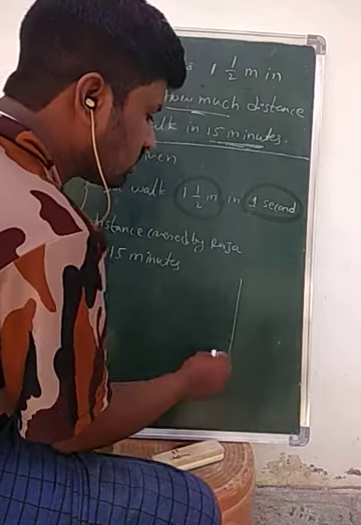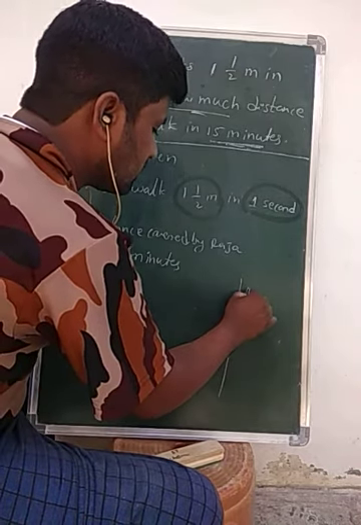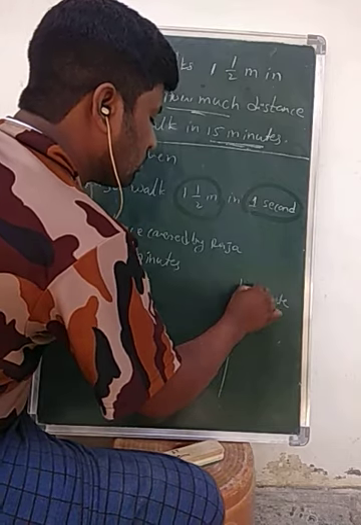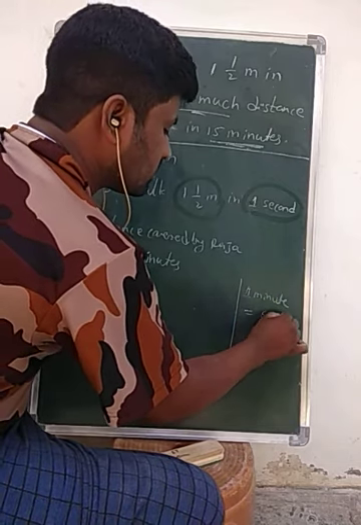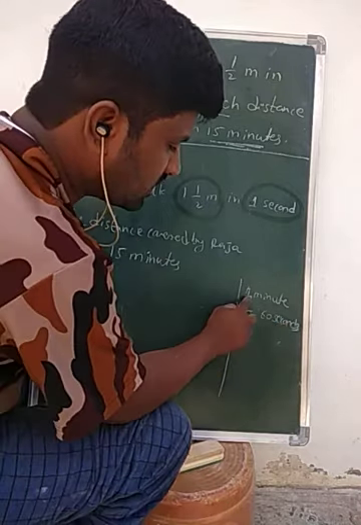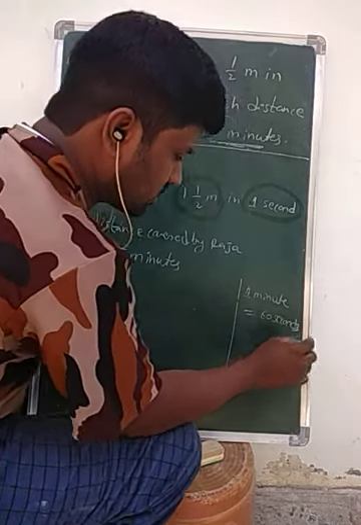by taking a small work, we know that 1 minute is equals to what? 1 minute is equals to 60 seconds.